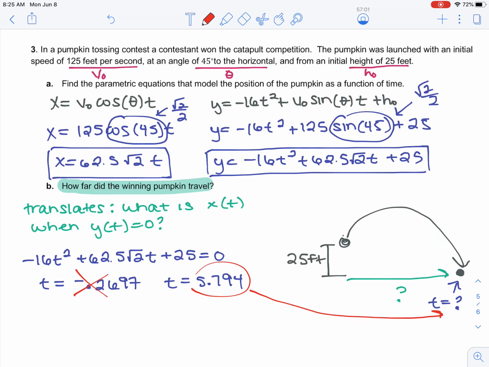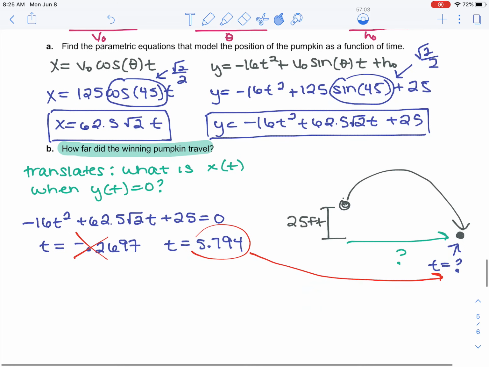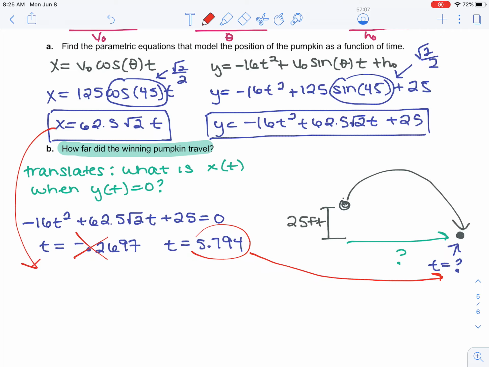So now we need to take our horizontal equation, our x equals 62.5 root 2 t, and we need to plug in that time value. So we'll find that the horizontal distance that was traveled by our pumpkin is equal to 62.5 root 2 times 5.794.